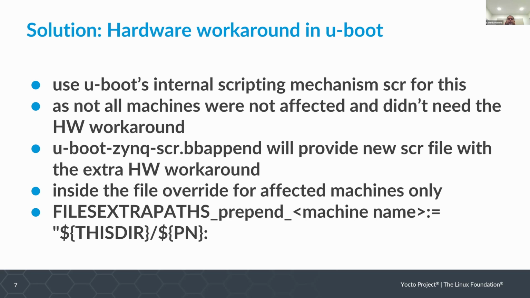What we had to do was create a bbappend and provide a new U-Boot SCR scripting file that included this workaround. The workaround itself was done using some low-level memory modification tools. This worked out well, and we didn't have to make any ugly changes to the Linux drivers or Linux in early boot.